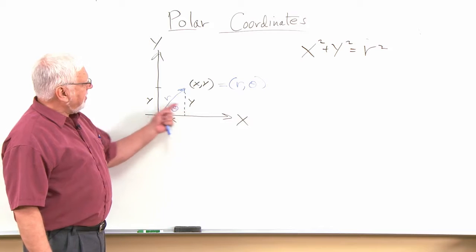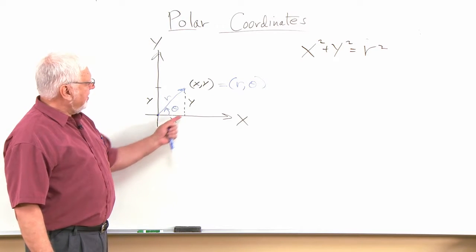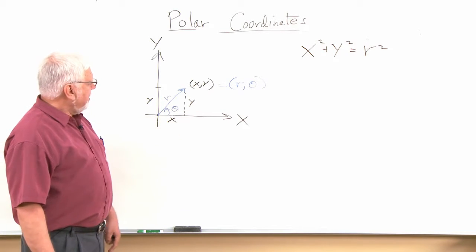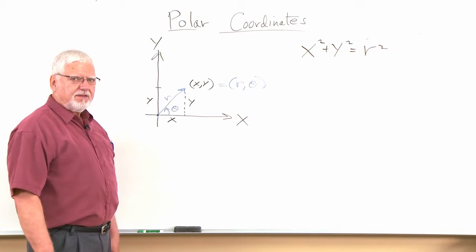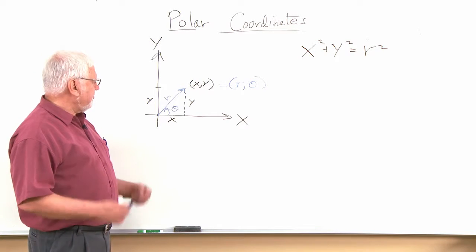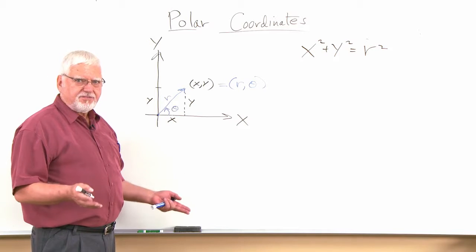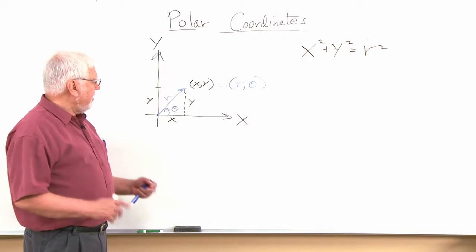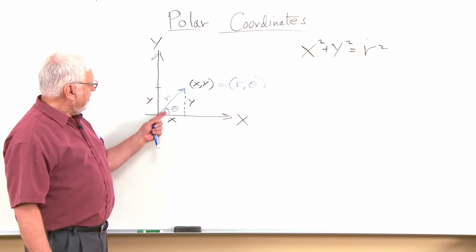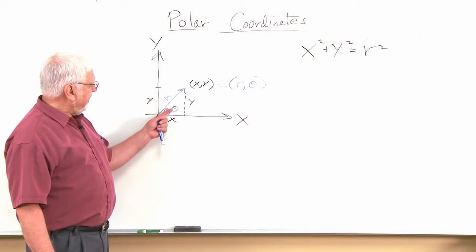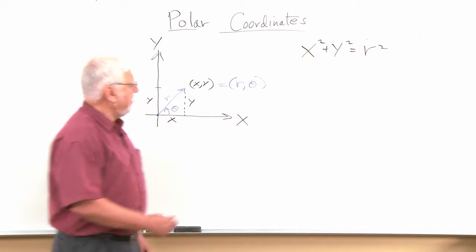So you see how we got a relationship between r, x, and y. Now, do you see any other relationships? Any other connection between them? Well, this is a trig section in pre-calc, so we could use our trig functions. What about the sine of theta? The sine of theta, what's that equal to?